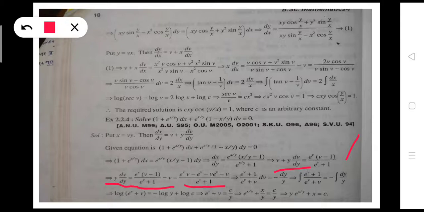And this implies (e^v + 1)/(e^v + v) dv, and this is also written as (e^v + 1)/(e^v + v) dv = −dy/y.